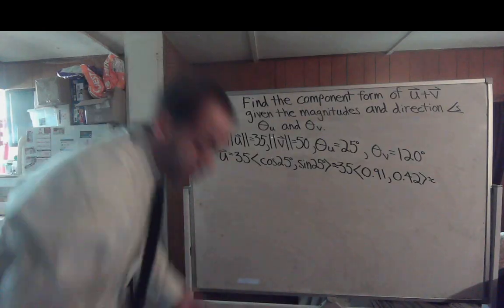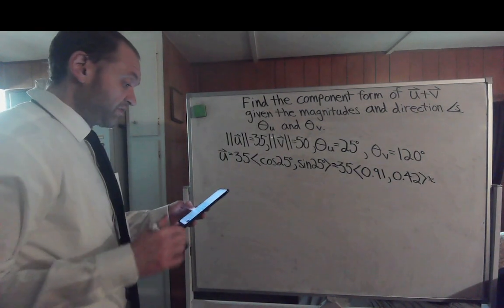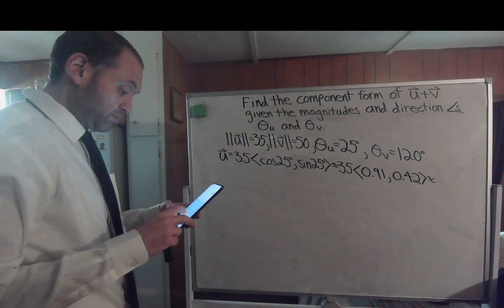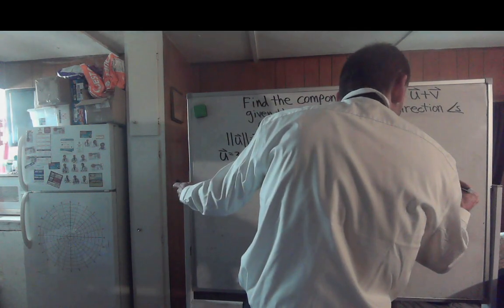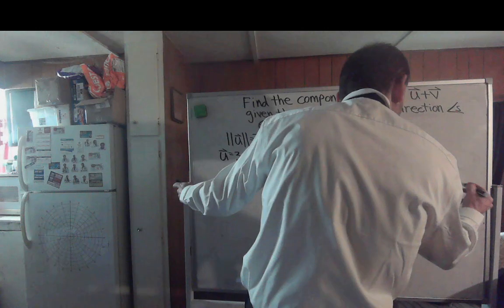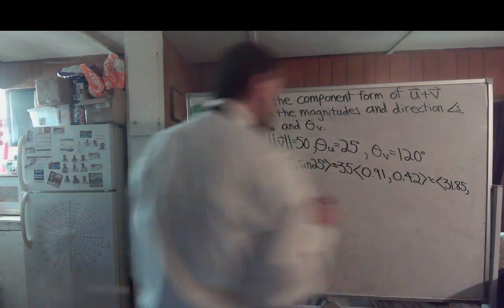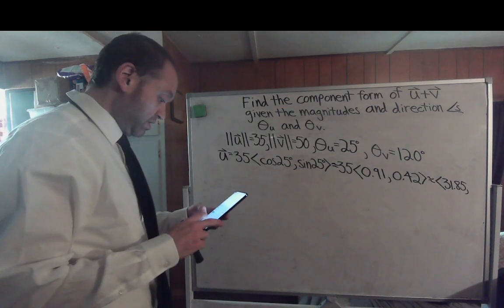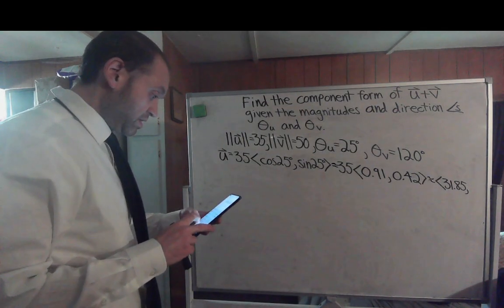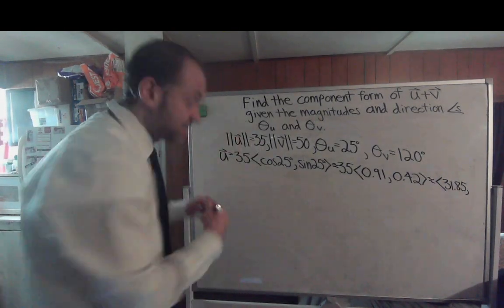Which for our final result here, let's take 35 and multiply each of those numbers. So about 31.85. And then take 35 times 0.42. Get about 14.7.